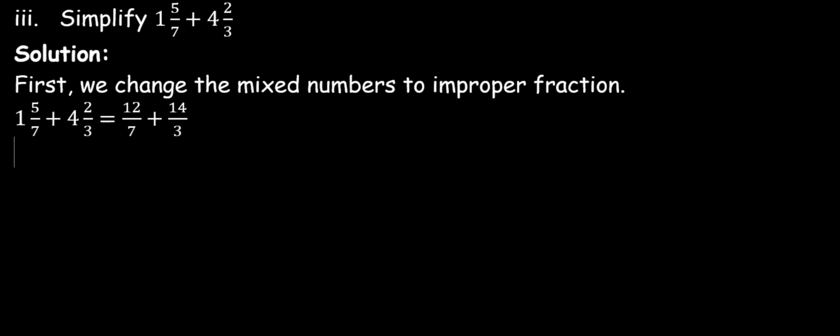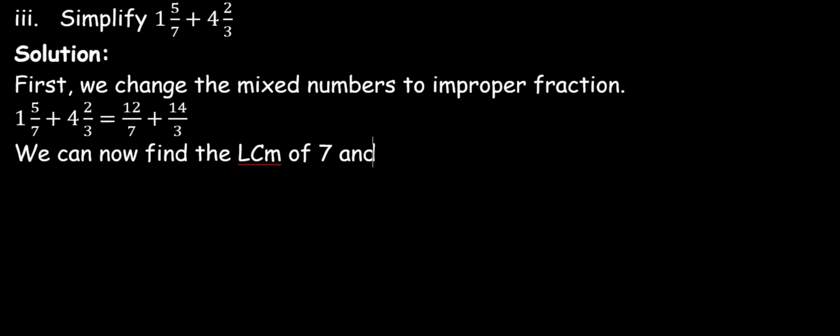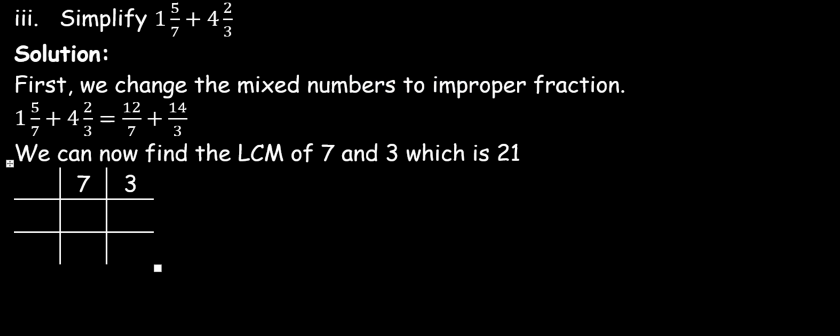We can now find the LCM of the denominators 7 and 3, which is 21. But how it is gotten is, you rule your line, you insert the numbers 7 and 3. First, you can take 7, is still a prime factor there. 7 divide 7 give you 1. 7 divide 3, you bring the 3 down. We are dealing with LCM.